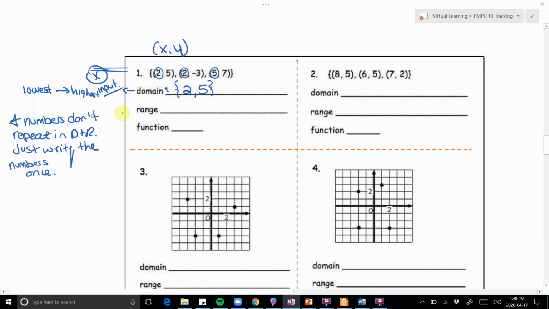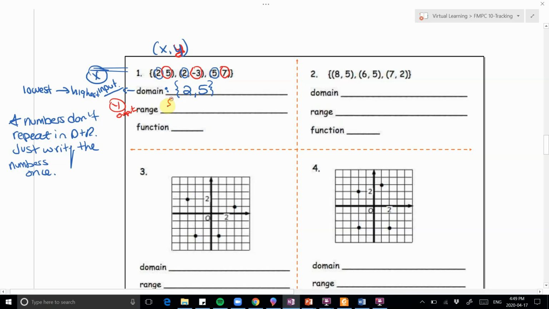Now for my range, that's my output, which are my y values. So those are going to be on the right. So we've got 1, 2, 3. And we're going to try to write these in smallest to biggest order. When we're dealing with points, it doesn't make the biggest difference, but it's a good habit to get into for when we get to lines, when it does matter.